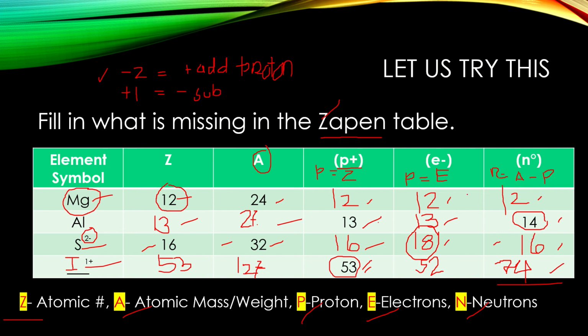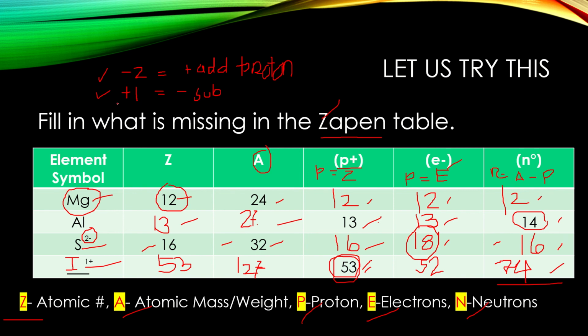And then lastly, how can we get the electron of this element? So we have 53 protons. We have this rule. If it is negative charge, you will add the charge to the proton.